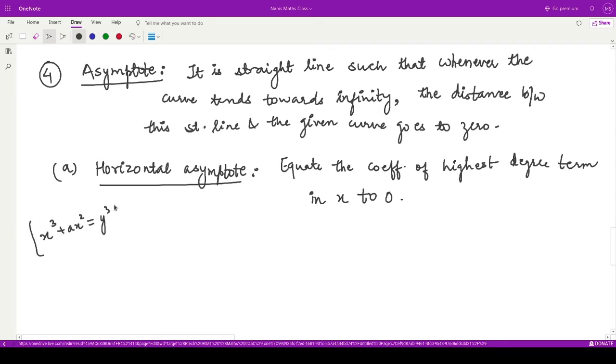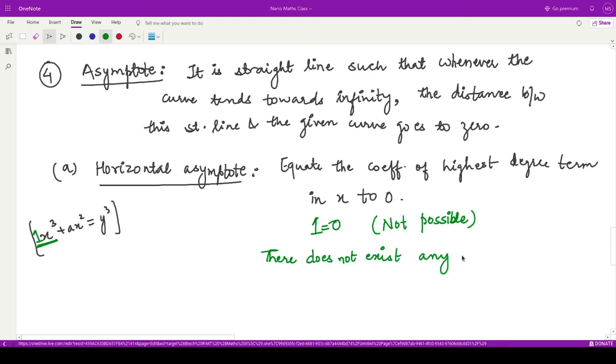The highest degree term in x is x cube, and its coefficient is 1. Equating this to 0, 1 is equal to 0, which is not possible. That means there does not exist any horizontal asymptote to this curve.